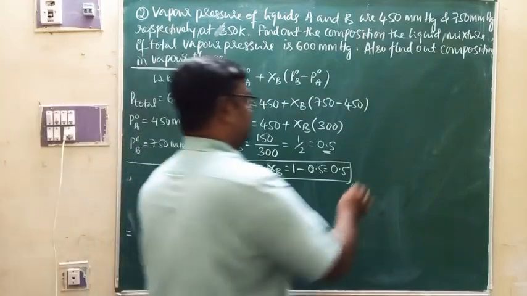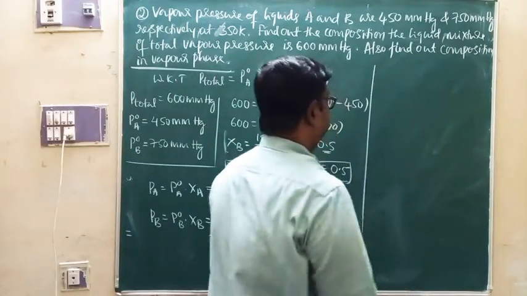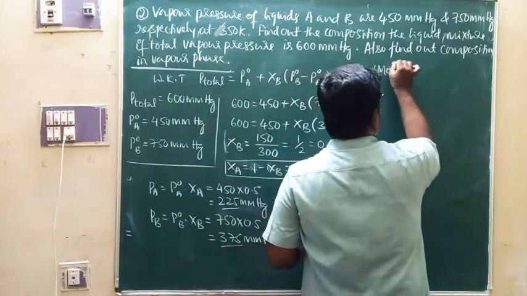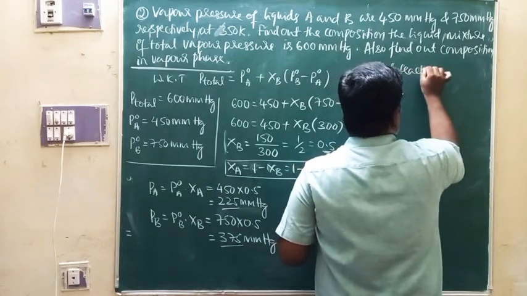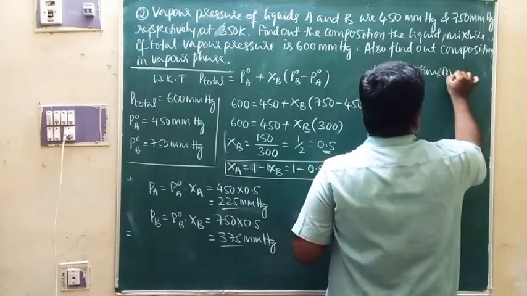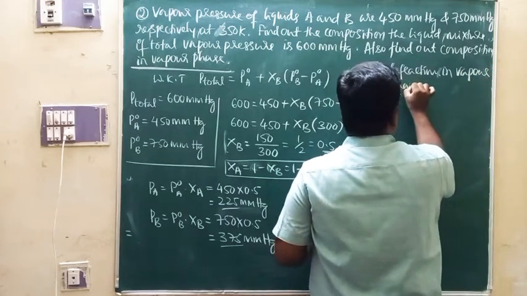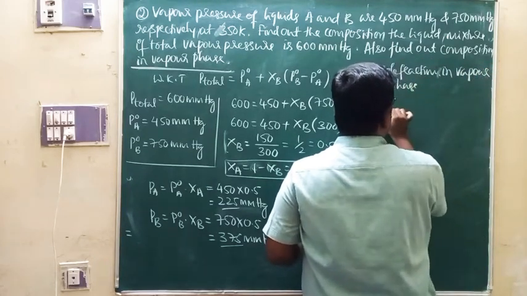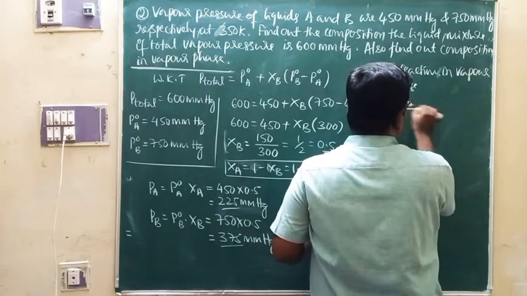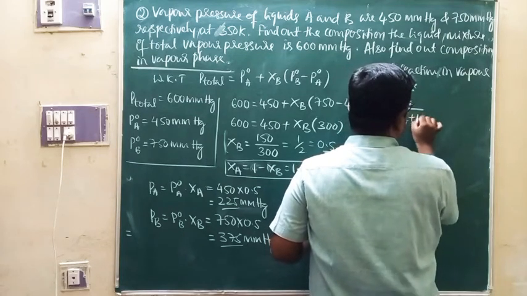Now you can calculate mole fractions in vapor phase. That is, YA is equal to PA divided by PA plus PB.